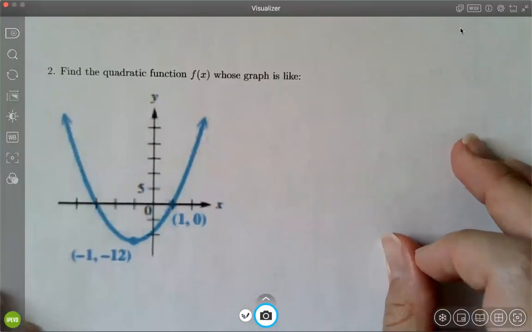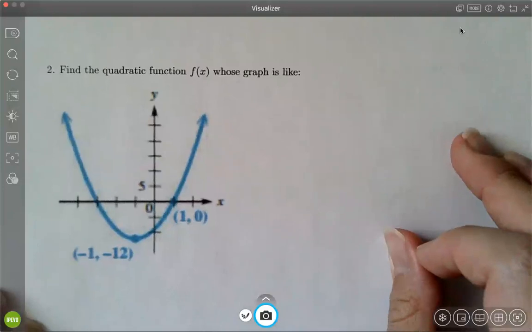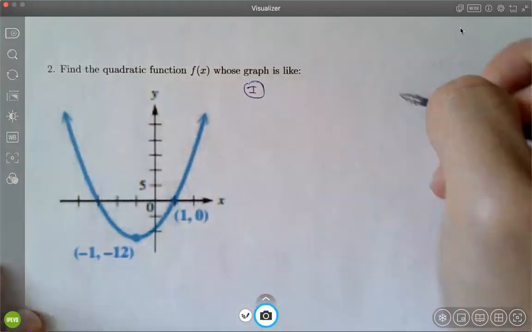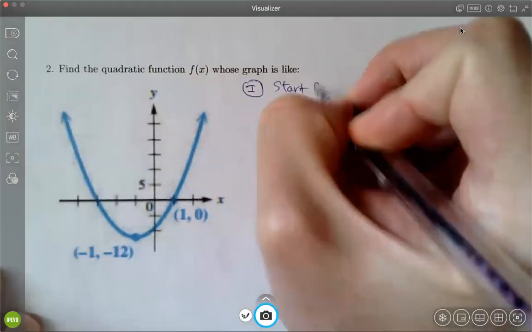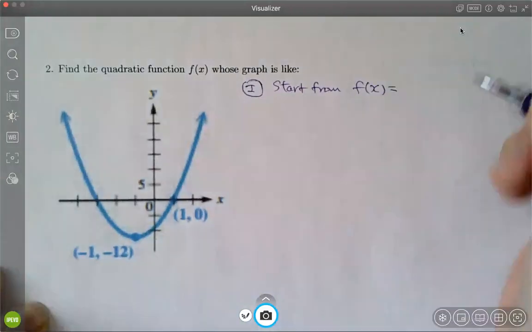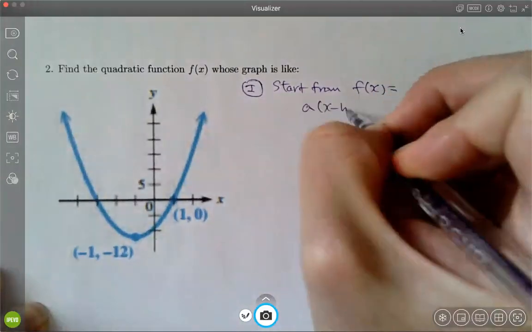Okay, so this can be a scary problem, but here is my suggestion. Start from the second form, f of x equals a times (x minus h) squared plus k.